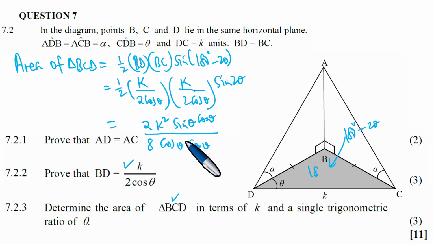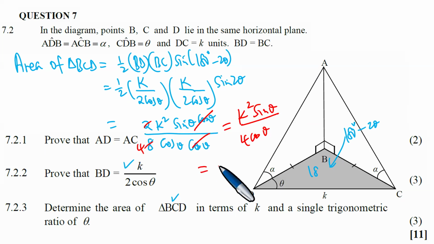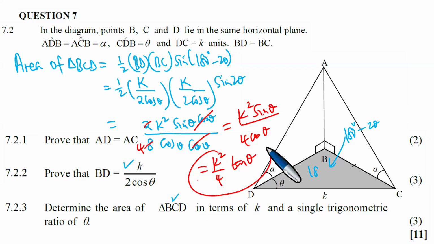So what you then have is the following. 2 goes 4 times here, divided by 4 cosine theta. That is the answer, but this is K squared sine K squared over 4. Sine over cosine is what? Is tan theta, which means that the area is K squared over 4 tan theta.